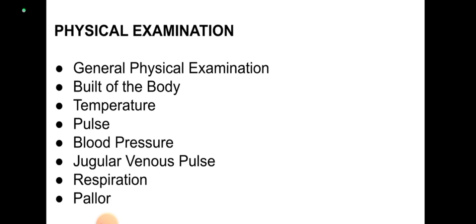In pulse, we examine mainly for things like rate, rhythm, volume, character, radiofemoral delay, and synchronicity. Then, blood pressure is measured with the help of a sphygmomanometer. Normal range for blood pressure is, for systolic blood pressure 130 and diastolic blood pressure 90 mmHg.